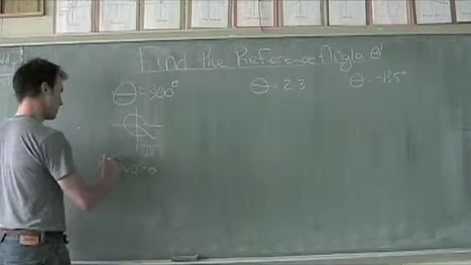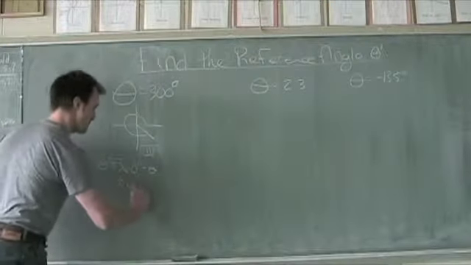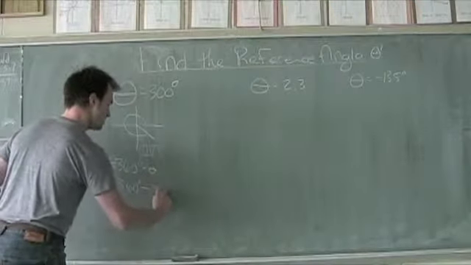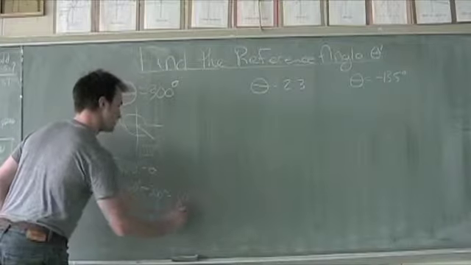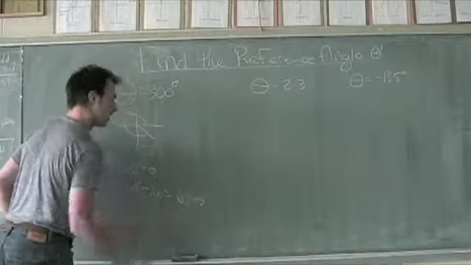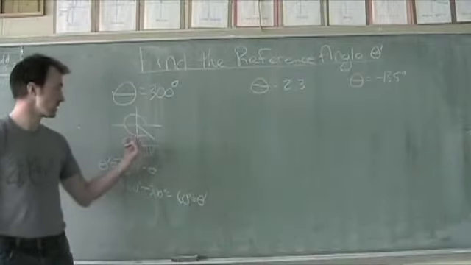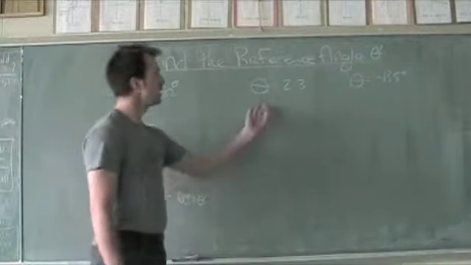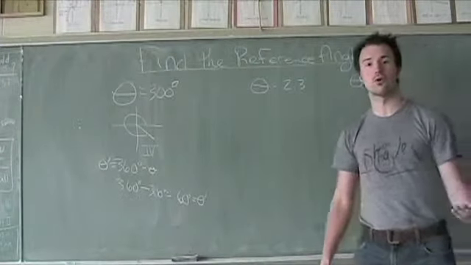So in our case, we have 360 degrees minus 300 degrees, which gives us a positive 60 degrees as our theta prime. It's as simple as recognizing which quadrant we're in, and then going from there.